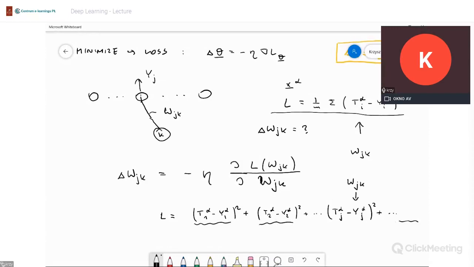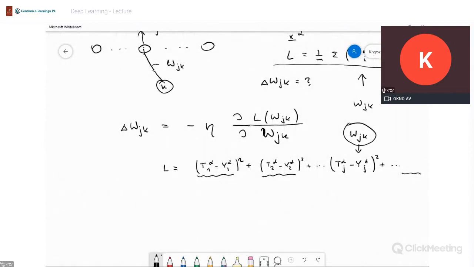All the remaining terms do not have this weight. As they do not have this weight, the derivative of L with respect to w_jk for all these terms will be 0.